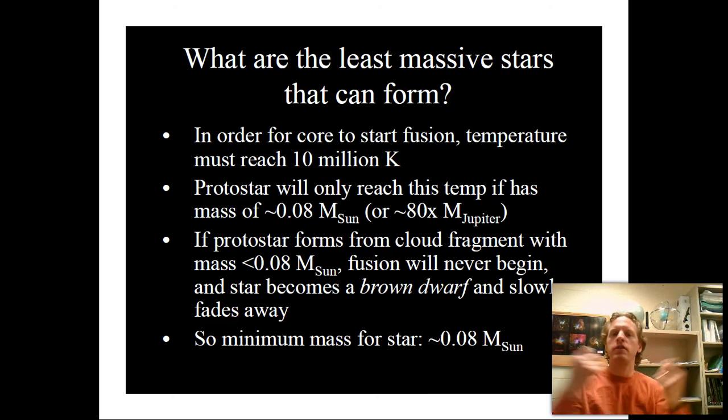So if you don't have enough gravitational pull inwards, as this thing does condense, it contracts, it heats up, you might reach a point that there's no more gravitational pull left to overcome that thermal pressure. So it turns out you need at least 8% of the sun's mass, or more, to eventually be able to overcome that thermal pressure.